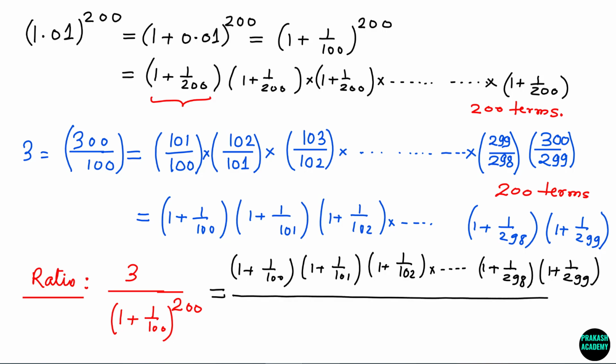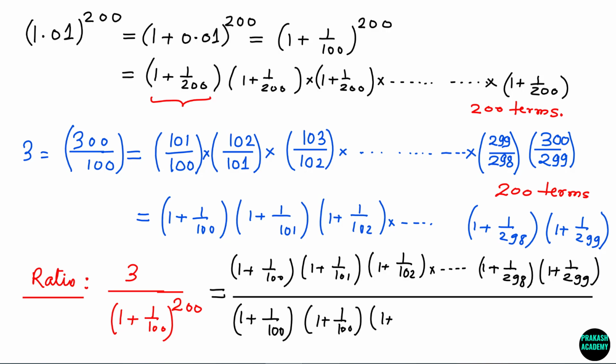And in the denominator you will have simply 1 plus 1 by 100, 200 times: 1 plus 1 by 100, and 1 plus 1 by 100, and this will go on, and finally this term will also be 1 plus 1 by 100, and this term will also be 1 plus 1 by 100.